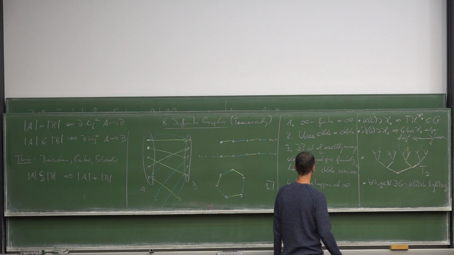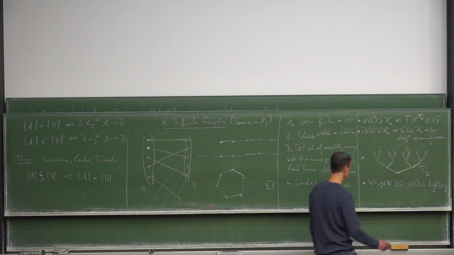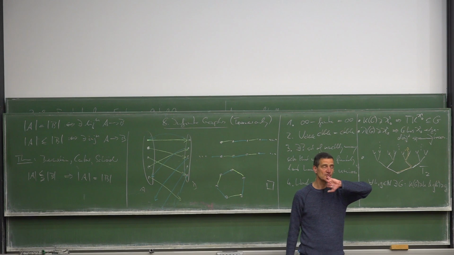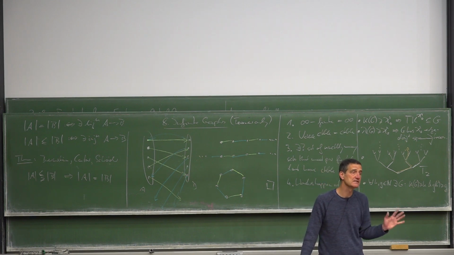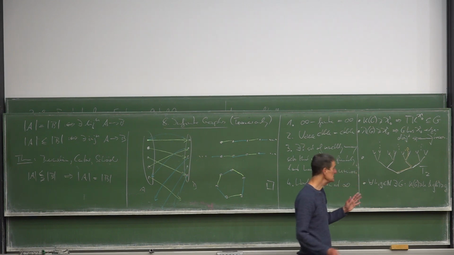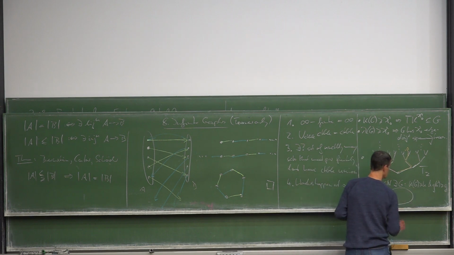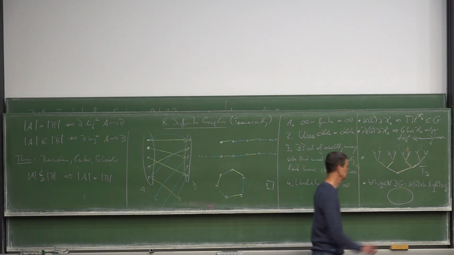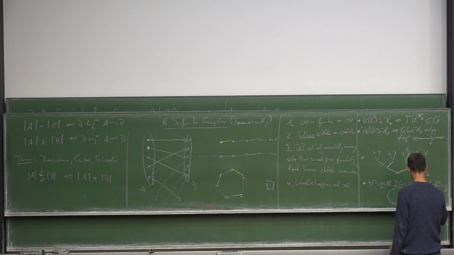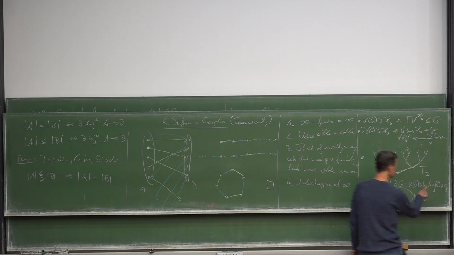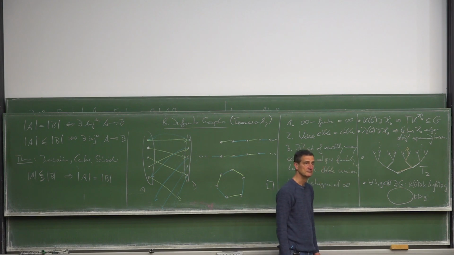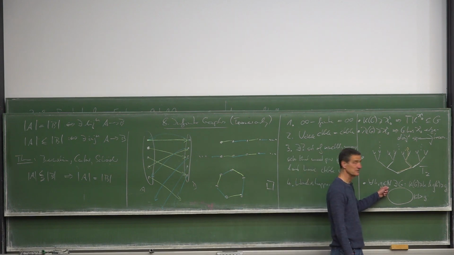How do we construct such a graph if we're allowed to make it infinite? Easy. We start with a long cycle, longer than g. Okay, that's a good start for g.